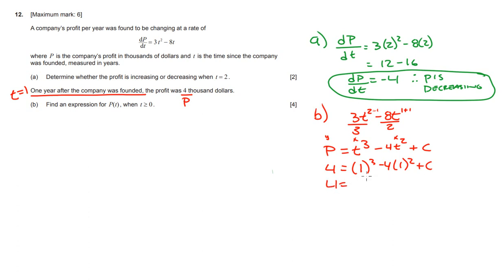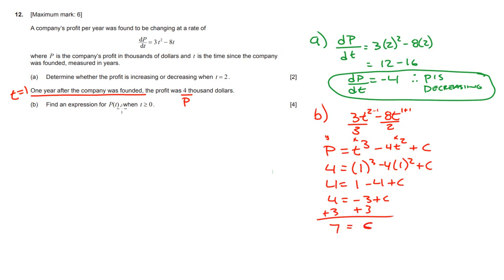So 4 equals 1 cubed, which is 1, and 1 squared is 1, times negative 4 is minus 4, plus c. So we get 4 equals negative 3 plus c. Add 3 to both sides, and c equals 7.